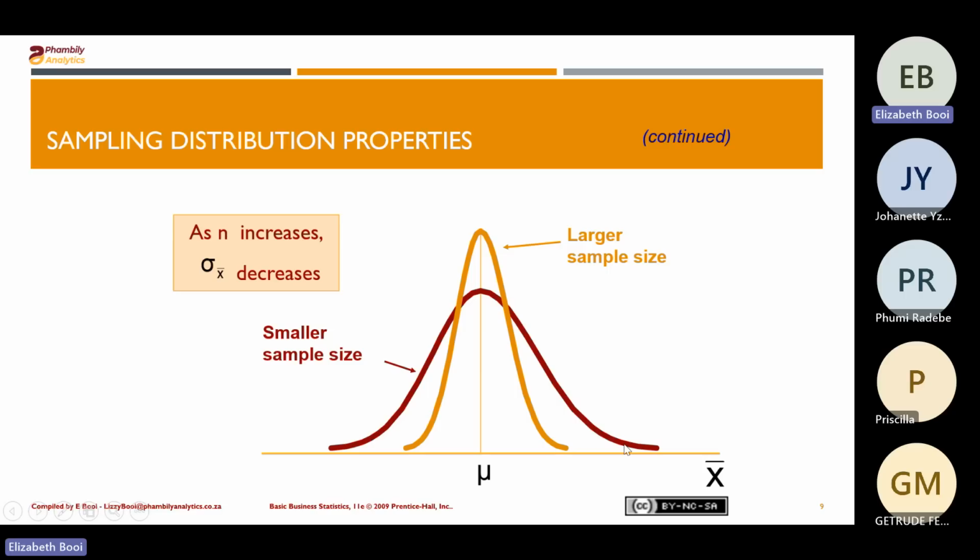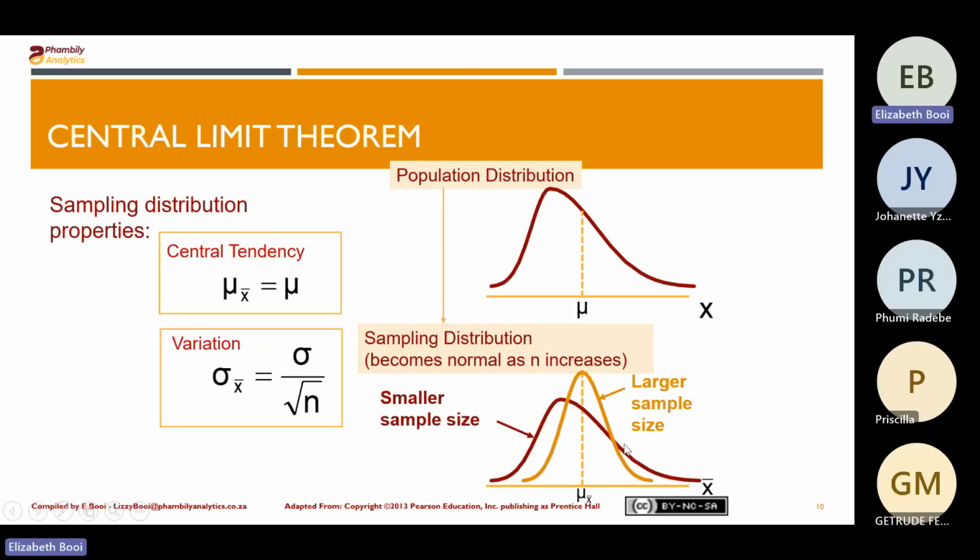Based on the central limit theorem, as your sample size increases, your distribution also tends to become normally distributed. And that is the central limit theorem.